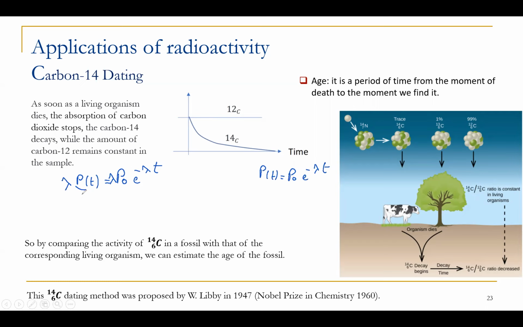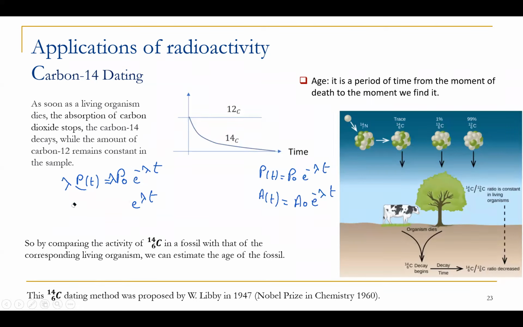Okay, lambda n, we talked about n before. Lambda p is the activity. So we can say the activity at a time t equals the initial activity times exponential minus lambda t. So also, if I give you the initial activity and the activity at a time t, you can use it to find the age.